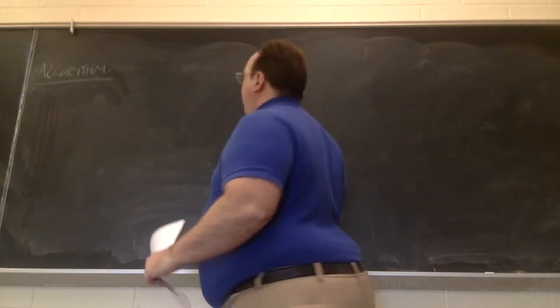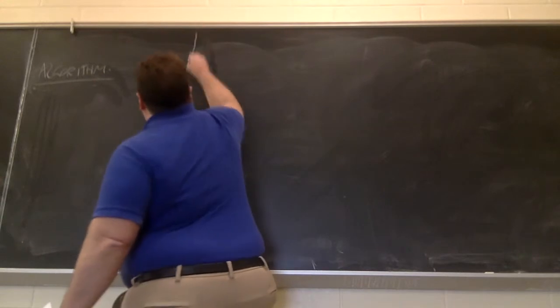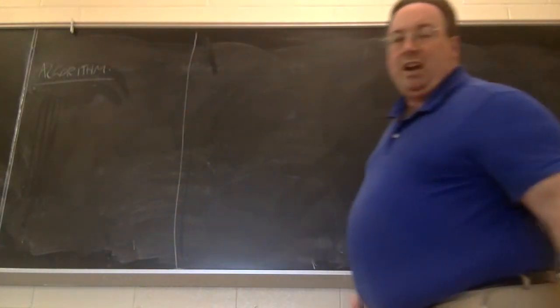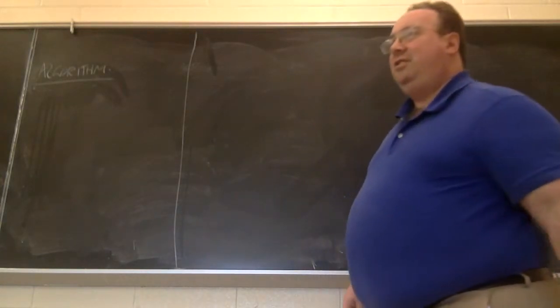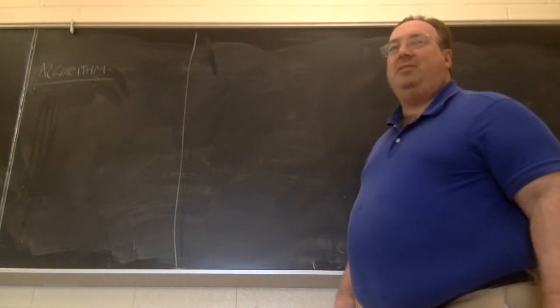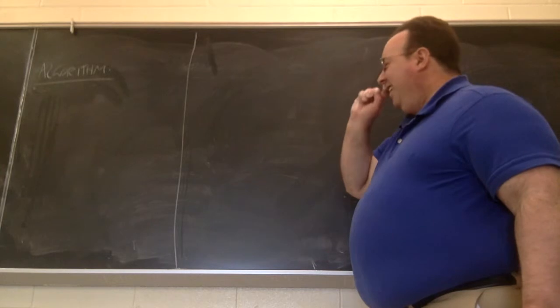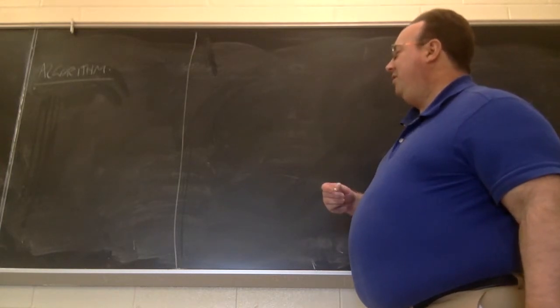So as steps of the algorithm are figured out, I'm going to write them here in the proper sequence. And the rest of the board, hopefully this will be enough space, I'm going to use for my scratch work to come up with those steps. This is one benefit of having screwed up a lecture several times. Hopefully this turns out cleaner.